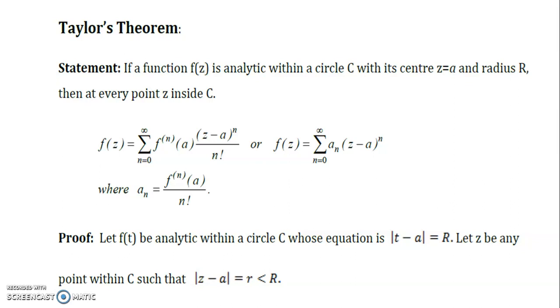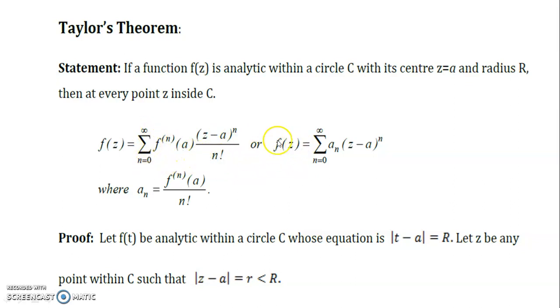The statement of this theorem is: if any function f(z) is analytic within a closed contour C, or within a circle C with its center z equal to a and radius r, then at every point z which lies inside C, the function can be expressed as f(z) equals the summation of f^n(a) into (z minus a)^n by n factorial, where n runs from 0 to infinity.